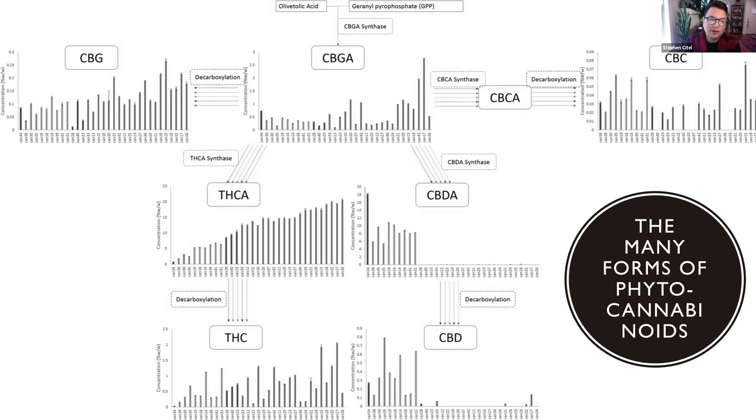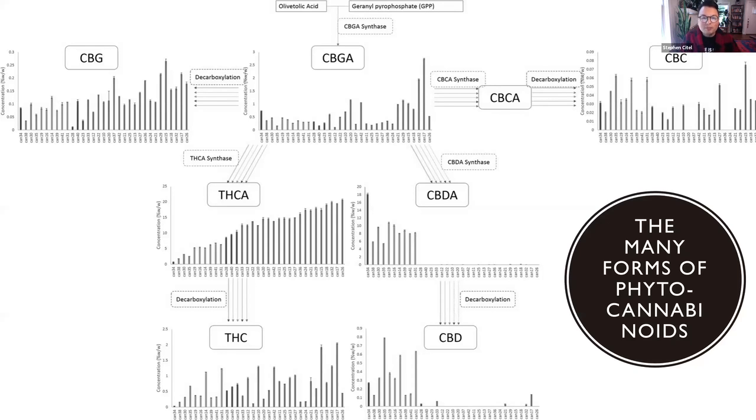And through the nutrient content the plant is receiving, oxidation, light, heat, all the different things in the environment, we will have a different expression, or a change of that acidic form, molecularly speaking, into different, more commonly known phytocannabinoids.